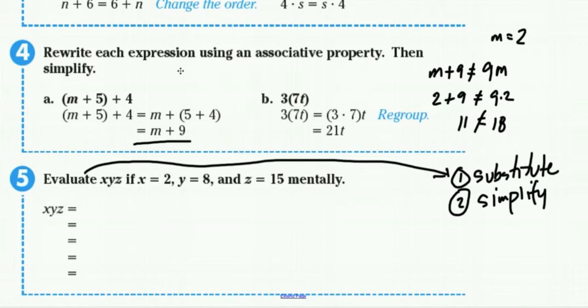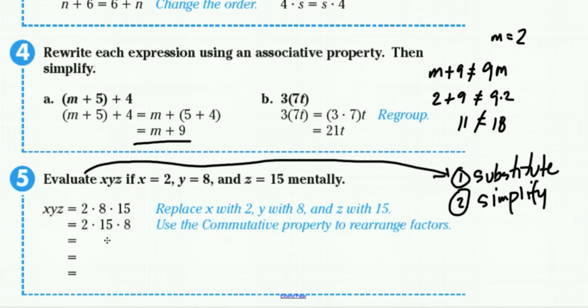In this case now, we're given x times y times z, or xyz. The value of x is 2, y is 8, z is 15. Substitute: 2 times 8 times 15. It says to do this mentally, and in order for you to do this, you need to think about compatible numbers. For example, 2 and 15 go together, because if you multiply 2 times 15, you end up with 30, and it's easy to multiply.